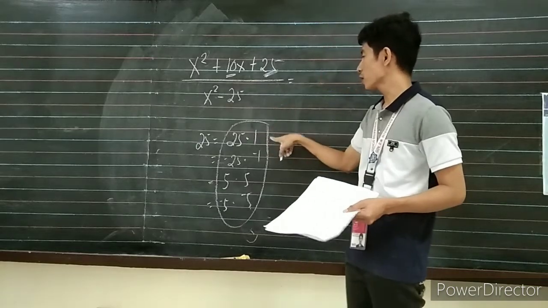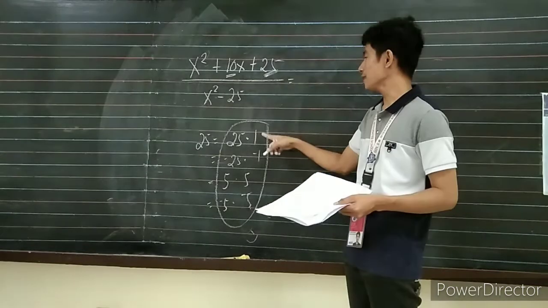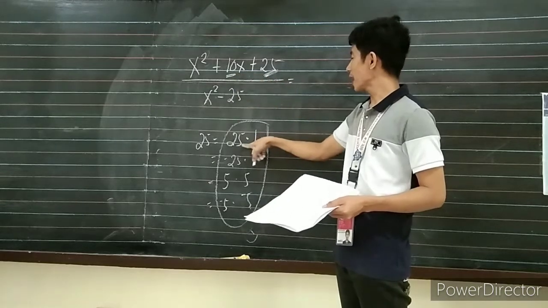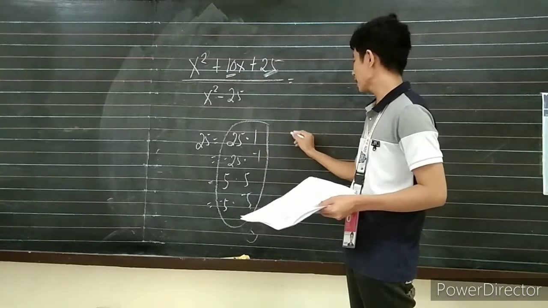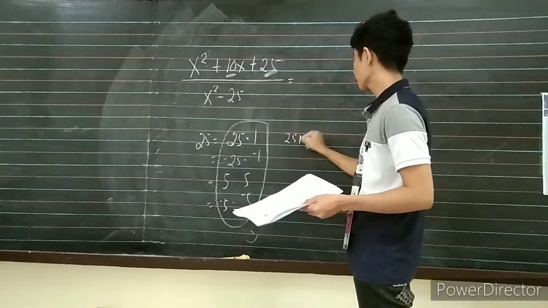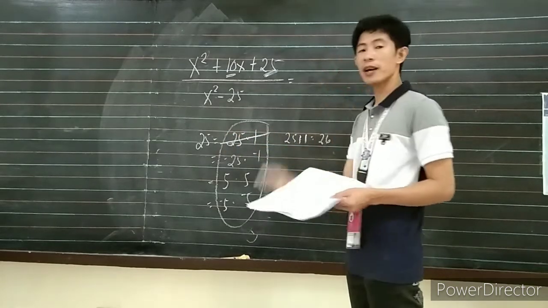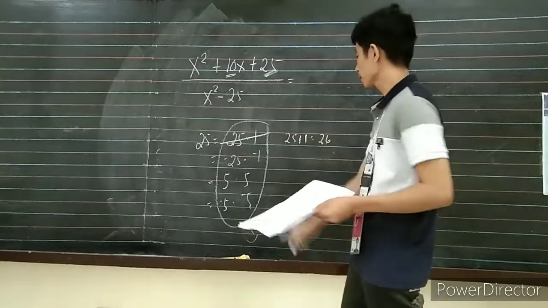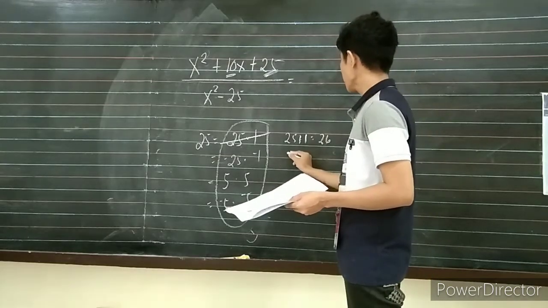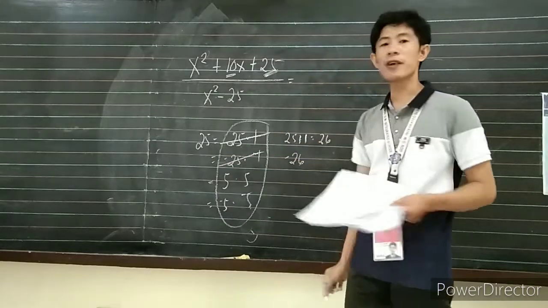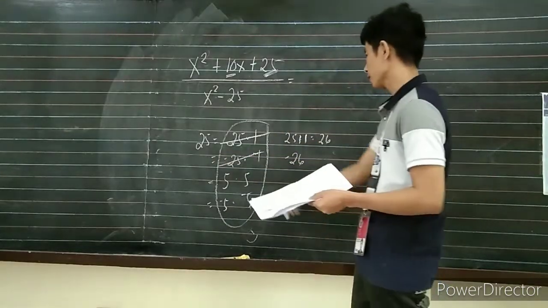Among the factors, we add, and the answer must be 10. 25 plus 1 is 26, so this is not the factor that we are looking for. For this one, the sum is negative 26, so again, this is not the factor that we are looking for.